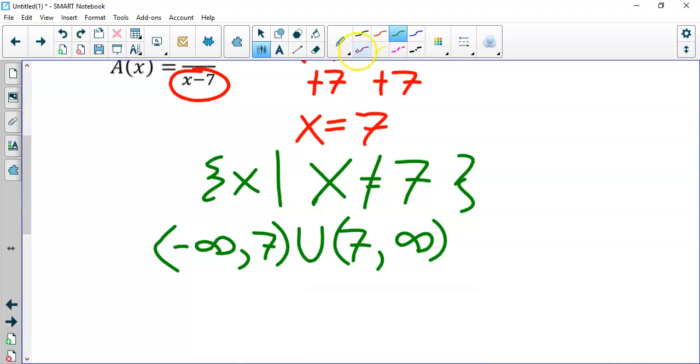This part right here is like us jumping over the 7, because we don't like the 7. We like everybody else but 7. So there's your interval notation: parenthesis negative infinity to 7, parenthesis, union, parenthesis 7 to positive infinity, parenthesis.